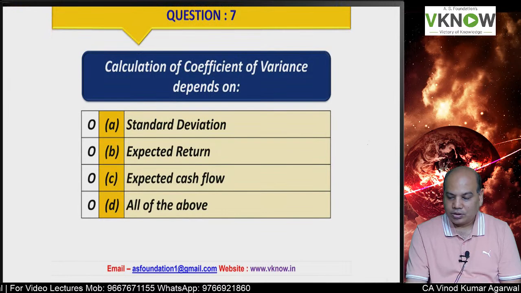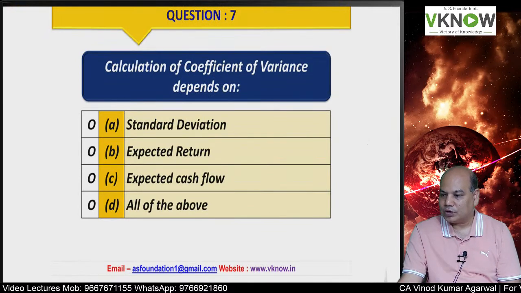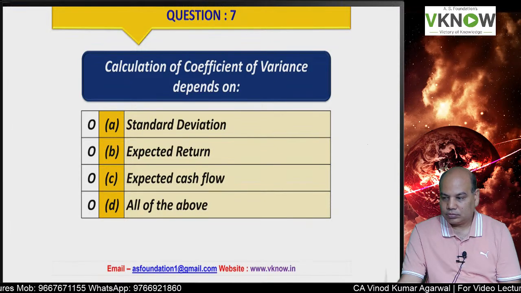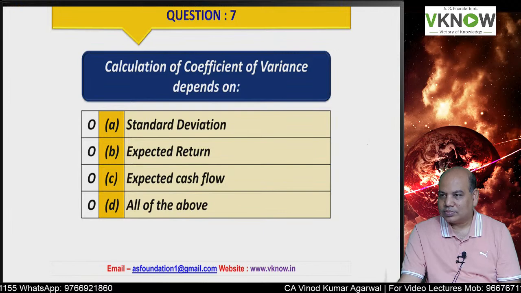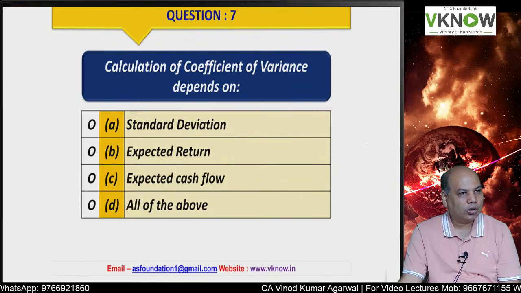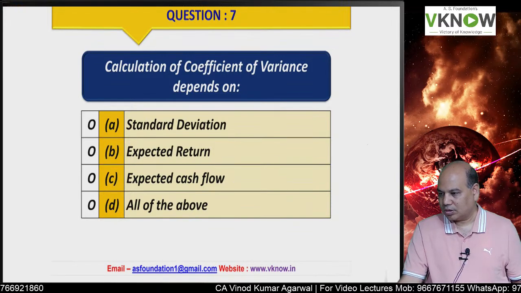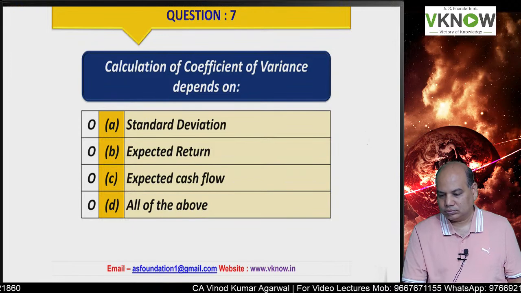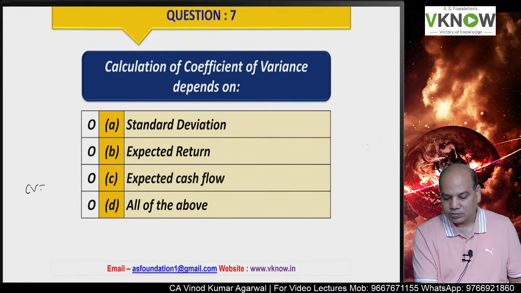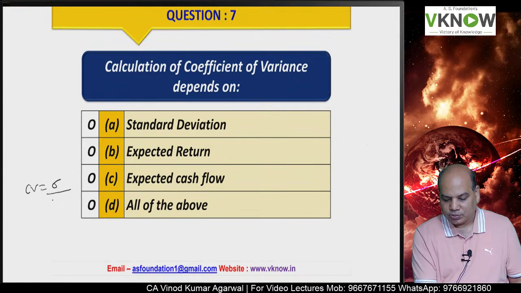You are right. 7th number, calculation of coefficient of variance depends on standard deviation, expected return, expected cash flow, all of the above. Coefficient of variation is standard deviation upon return, but this return can be expected cash flow also.